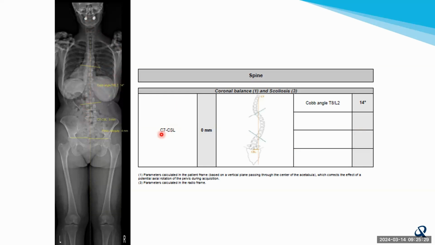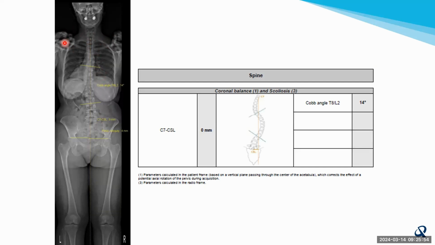So we use a line called the C7 CSL line, which is basically a line from C7 to the central sacral line, so sort of intersecting the mid-sacrum. And you can see in this patient it's 0, which is normal or neutral. What we're looking for in scoliosis and other spinal deformities is whether or not C7 is over here or over here, contributing to or indicating coronal imbalance.